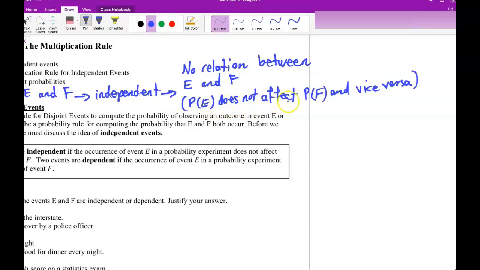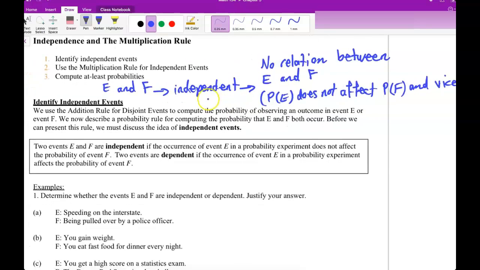So probability of E doesn't affect probability of F, and also probability of F doesn't affect probability of E when there is no relation between these two events.